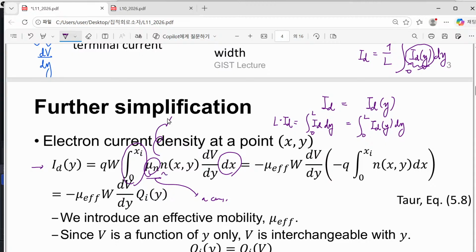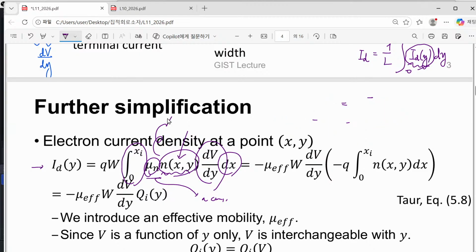Then how about electron density? Yes, electron density itself has really strong position dependency. So we cannot kick it out; we have to keep this quantity. Then how about dV over dy? From its construction, we already neglect its x-directional dependency.